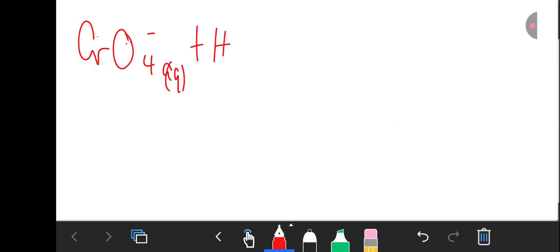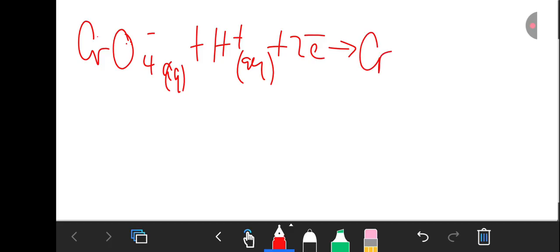For example, let's say we had this reaction, then this was in aqueous, then plus hydrogen ion, also in aqueous, then plus 2 electrons, then giving, let's say, chromium ion, 3 plus, which is in aqueous, then plus water, H2O, which is liquid.